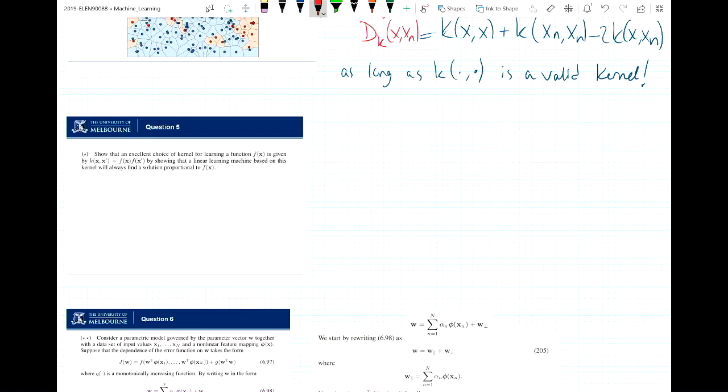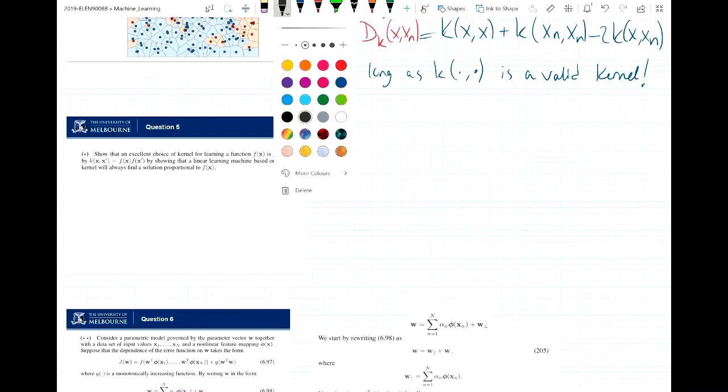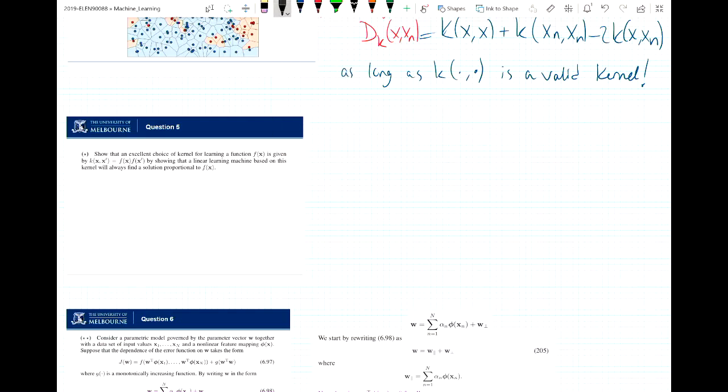So what is a linear learning machine based on this kernel? Essentially, it is this: we have y of x, and then over all the data points, n equals 1 to N, the sum of a parameter alpha_n times k of x, x_n. So this is the kernel with respect to x and x_n.